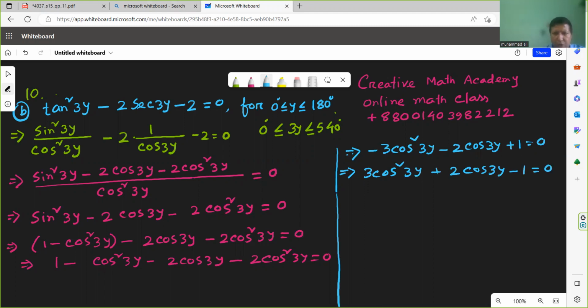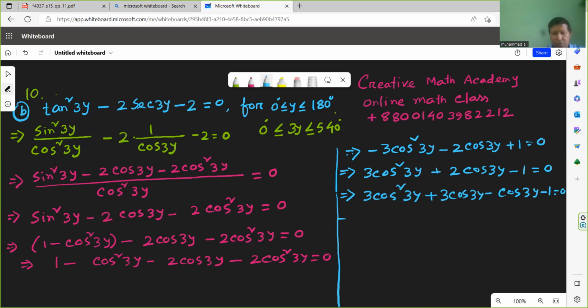After that, we will do the factorization. So 3 cos square 3y plus 3 cos 3y minus cos 3y minus 1 equals 0.